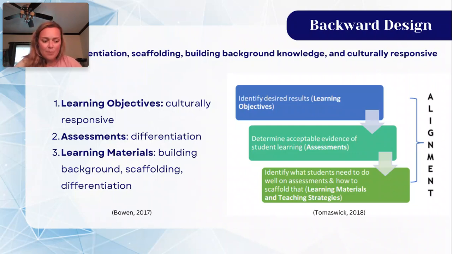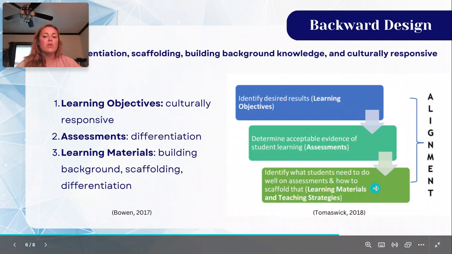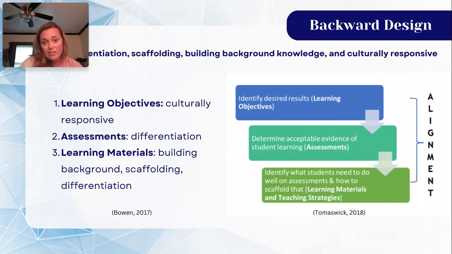The last step in here is identifying what students need to do on the assessments and how you're going to create activities and resources to get to that point. So this is where you build on the background knowledge that they have. Maybe you start designing your first activity that will help them get there, knowing what you need to do. You're building the scaffolds that you have, organizers, you have articles. You also are thinking about, do you have videos?